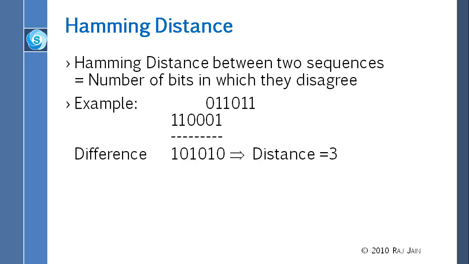Those are the 3 bits in error, right? So our goal is when we send a signal and we receive a signal, the Hamming distance would be how much? 0. Right? And if it is not 0, then we are concerned we have some bits in error, and the more Hamming distance there is, the more problem there is, right?